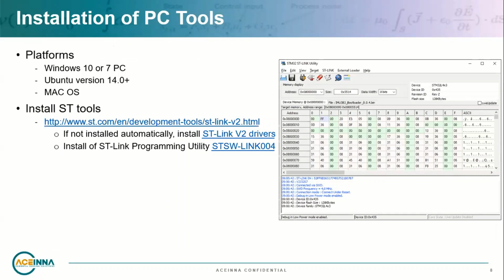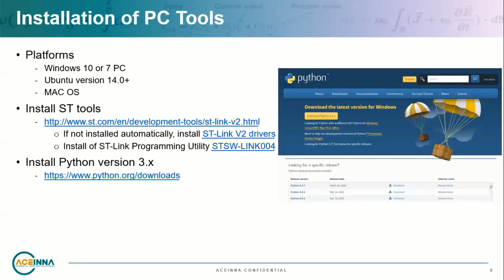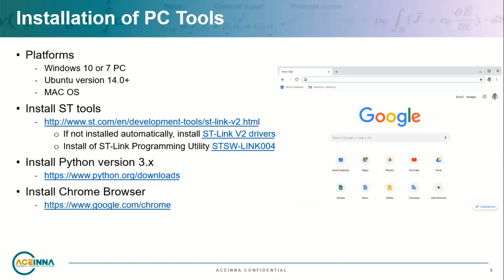This tool is utilized to program the microcontroller with the ready-to-use algorithms, which I will show you in a live demo in the coming slides. Make sure you have the latest Python installed, which is 3.8.2. And we do recommend the Chrome browser as it's much more compatible with the tools that we have.